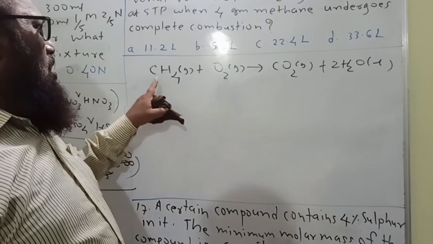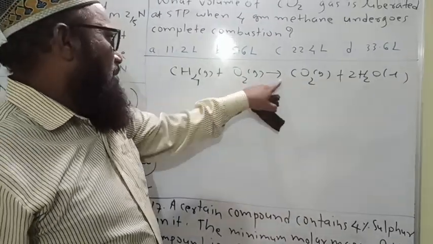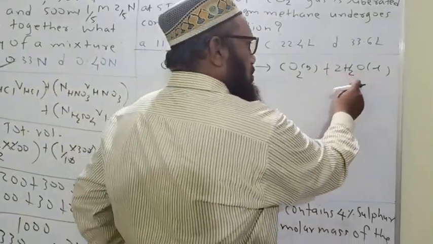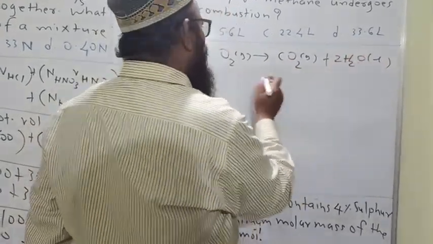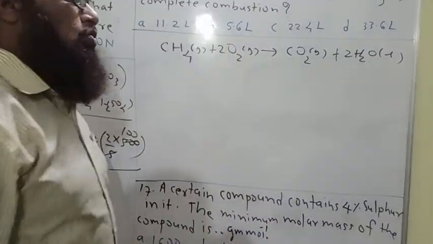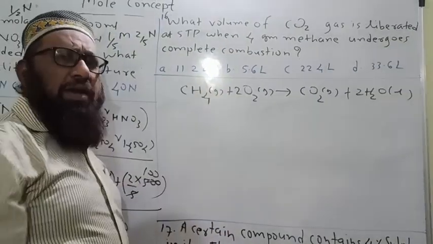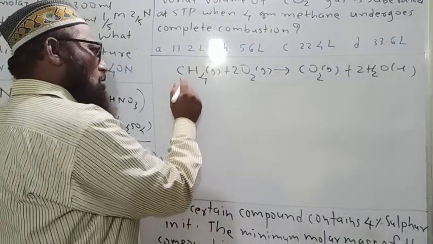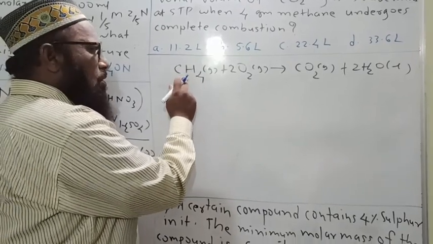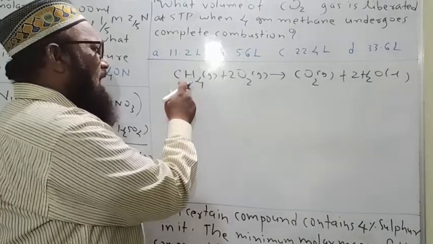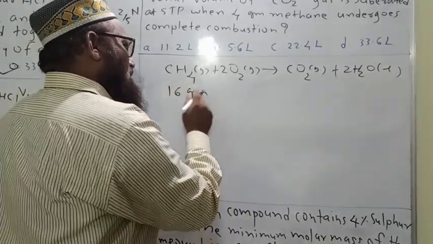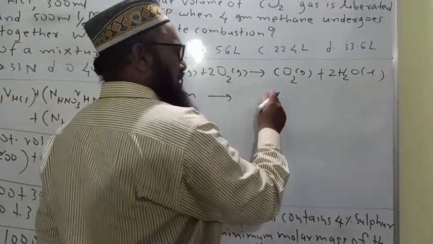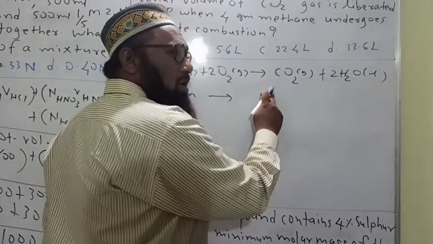Then how many carbon? 1 carbon. Hydrogen 4, twice H2O. Then how many oxygen here? 2, and these are 2, total 4 oxygen. We have to write here twice O2. Let us see what stoichiometry tells us here. 1 mole methane. What is the meaning of 1 mole of methane? It's the molar mass. Carbon 12, 4 hydrogen 4, total 16 gram. 16 gram of methane gives 1 mole of carbon dioxide.